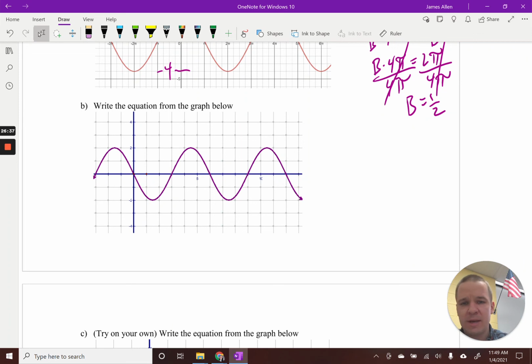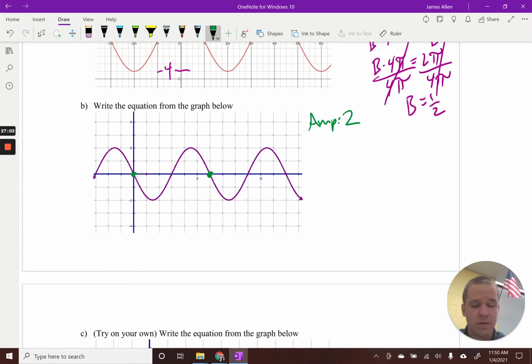Next one. Same idea. I'm going to start on my y-axis so I don't have to do a phase shift, which would be right here. It starts by going down to, it looks like, -2 and +2. So there's no vertical shift, which means my amplitude is 2. How long does it take to repeat itself? It goes all the way, and we're back at that spot right there.